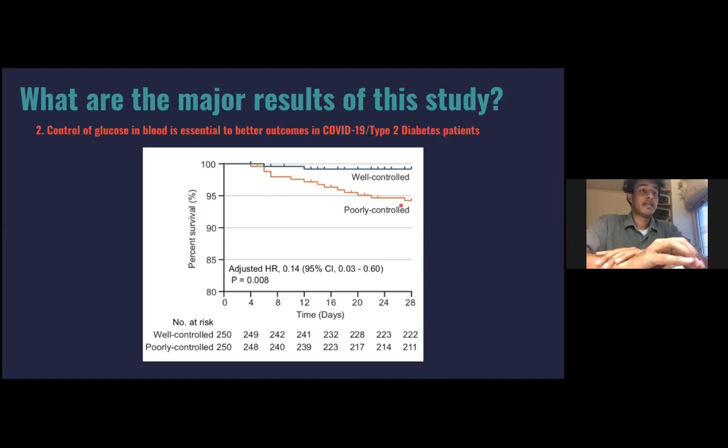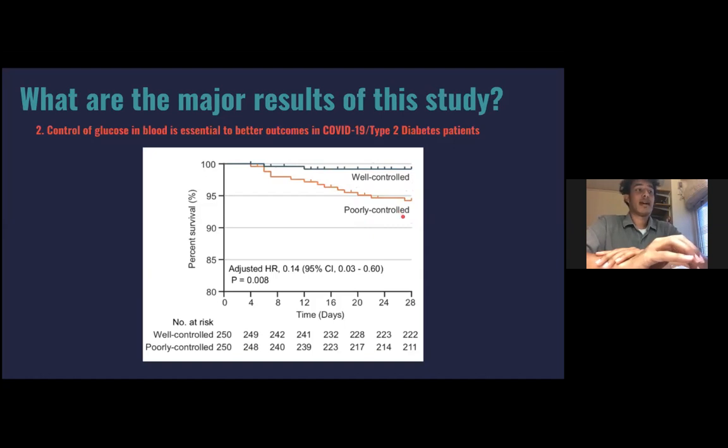And this is, I think, the most significant result of this study, because it really demonstrates that even though the poorly controlled cohort patients, from the last slide, we know that they had more medical interventions than did the well-controlled group, the well-controlled group is still surviving at a much higher rate than the poorly controlled group.